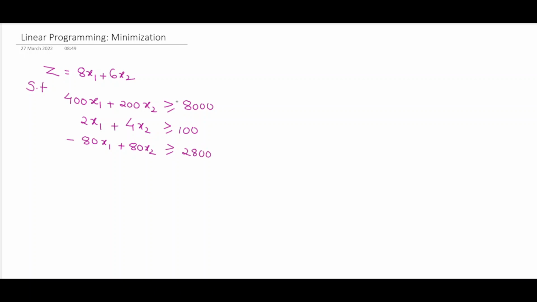This is given in the question. These are the three constraints for this objective function z.